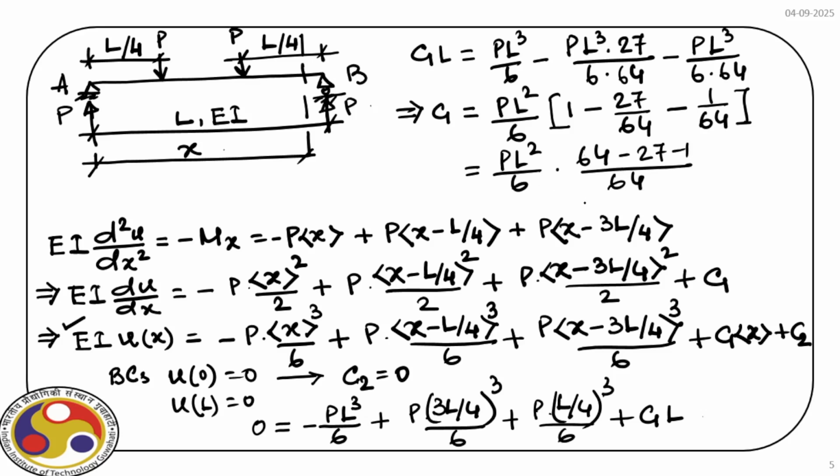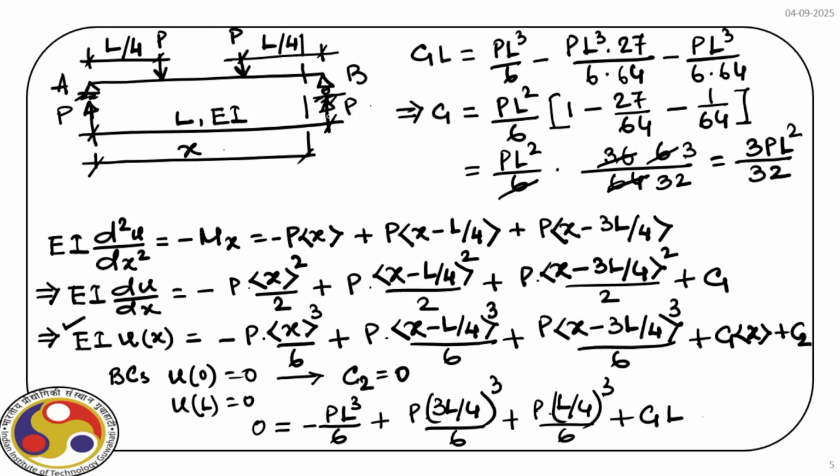So in the numerator we have 36, and we can simplify this. So we have C1 is equal to 3PL square divided by 32.